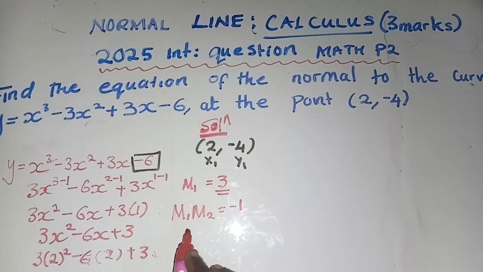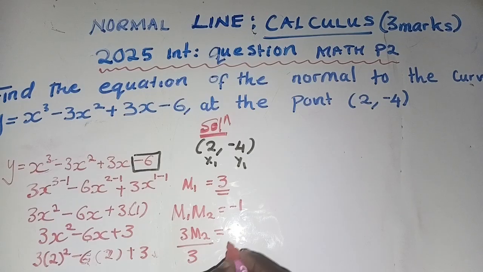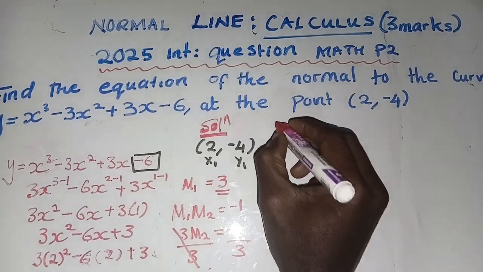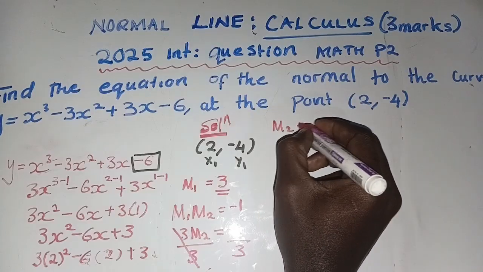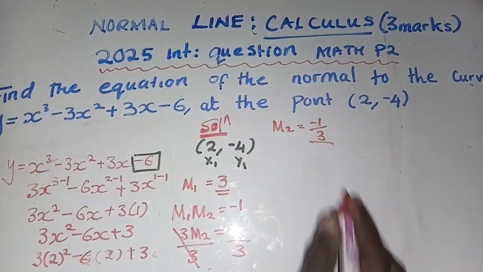So gradient 1 is 3, gradient 2 we don't know, equal to negative 1, so gradient 2 is equal to negative 1 over 3. So this is our gradient 2.